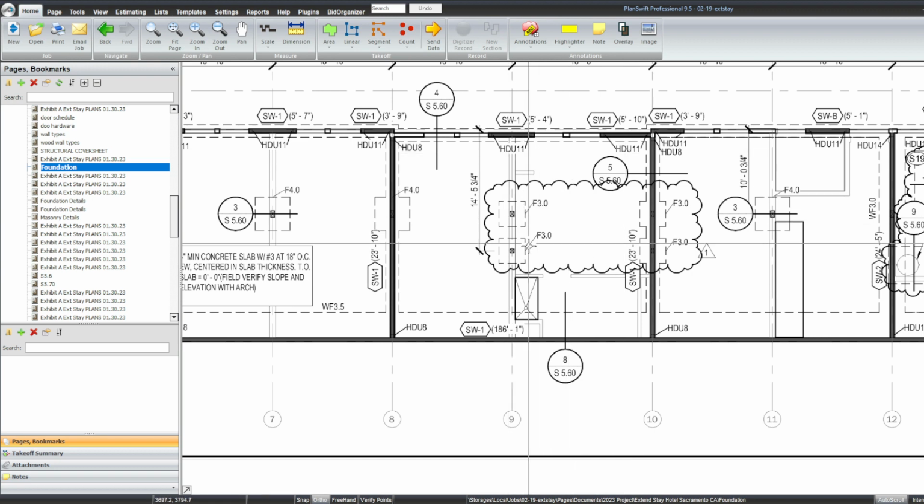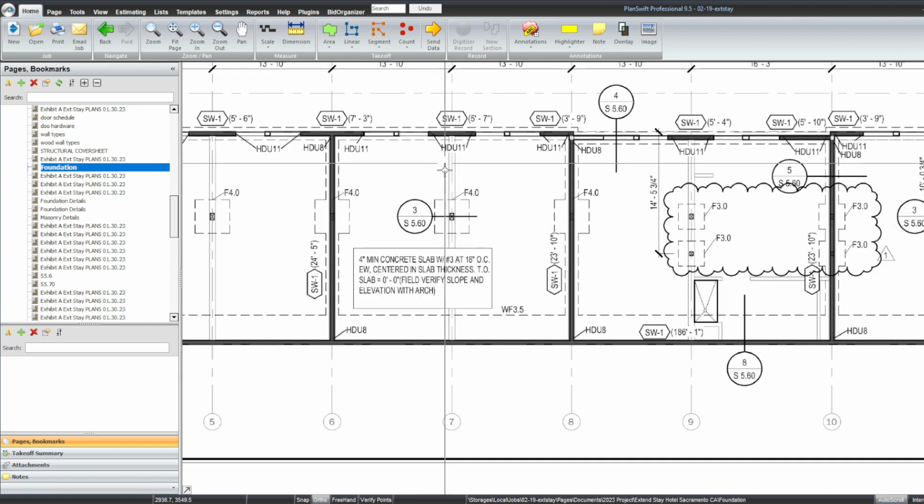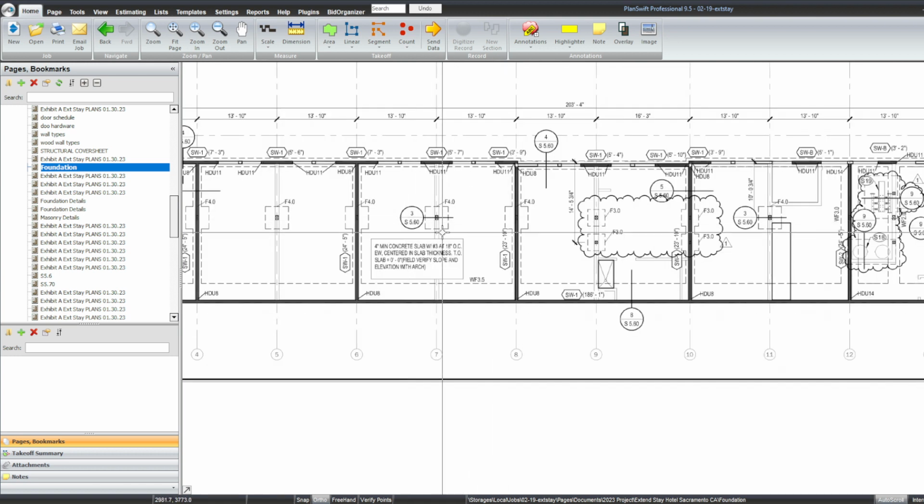This has no continuous footer situation. This one does. Okay, so we can infer from 3/S5.6, no continuous footer. So these look like they seem to be the same construction, 3/S5 dot here, no continuous footer.